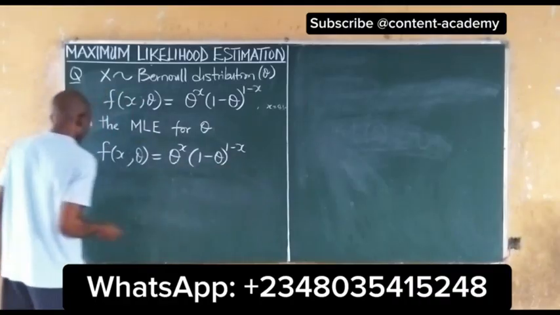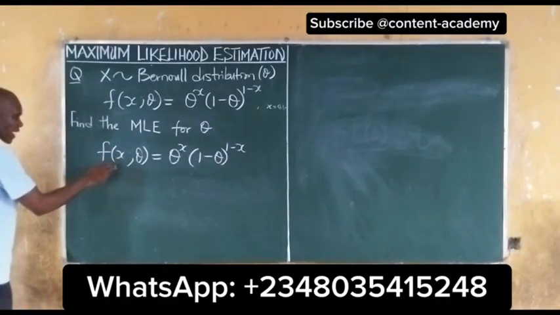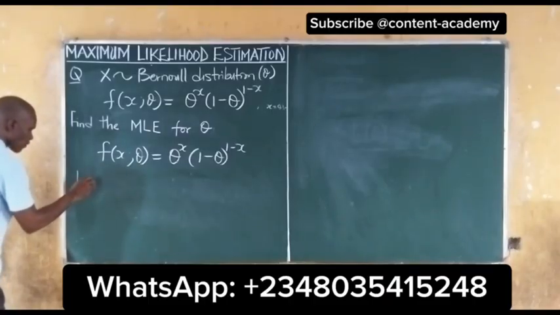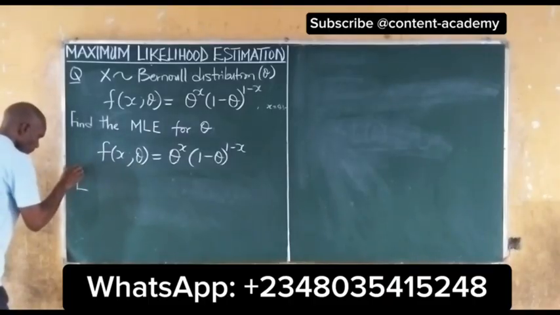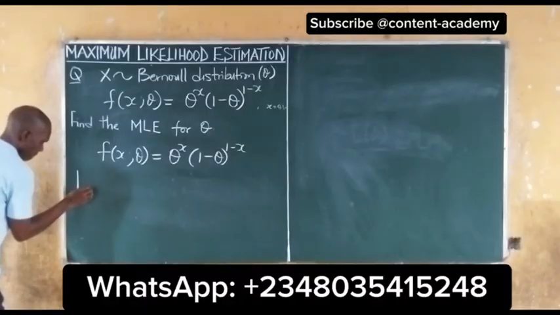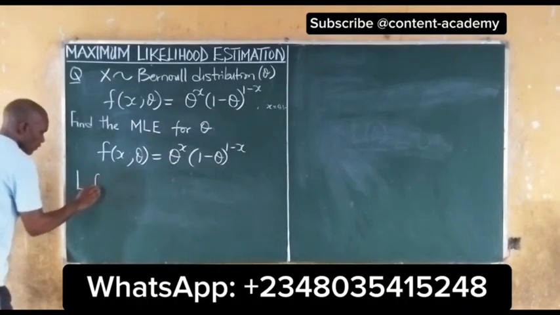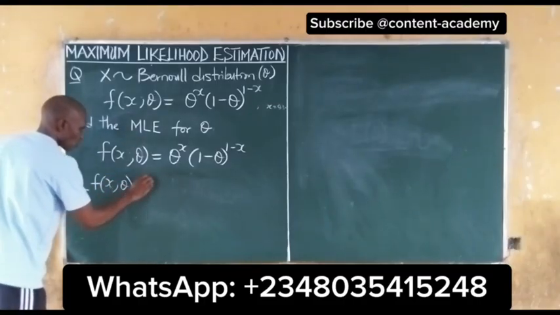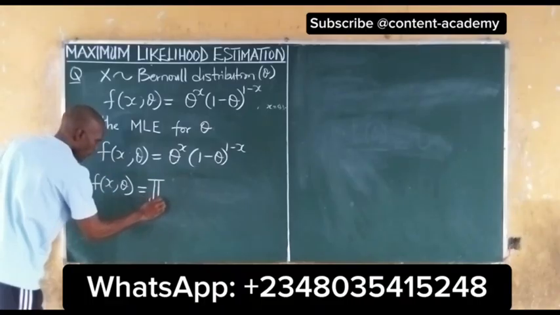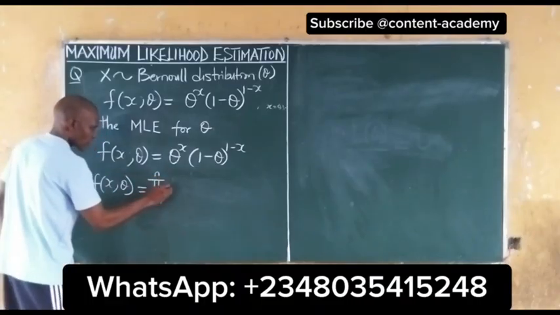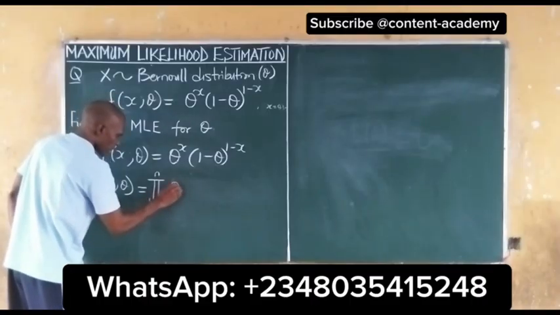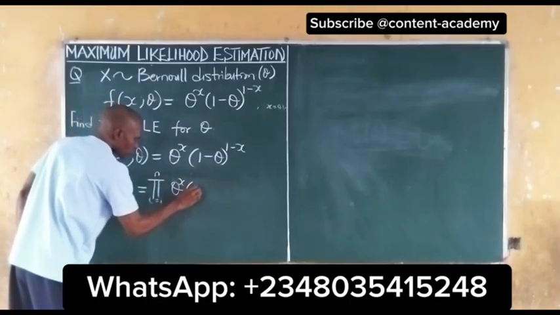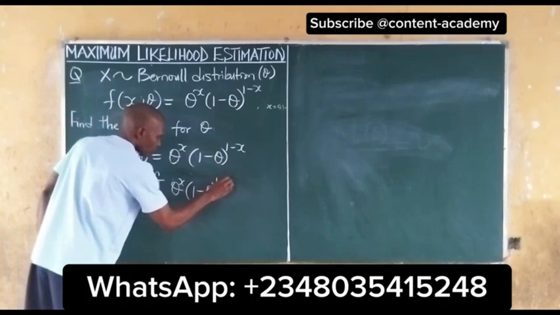The first thing to do is to take the likelihood function. The likelihood function of the given distribution is equal to the product, as i goes from 1 to n, of the distribution given.